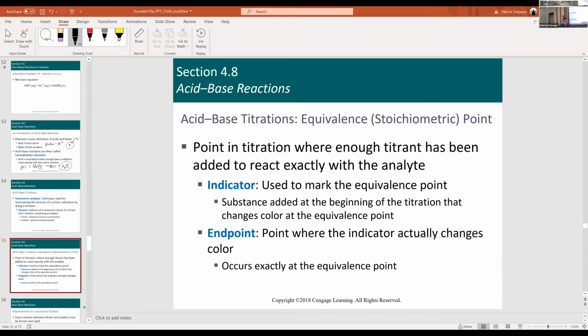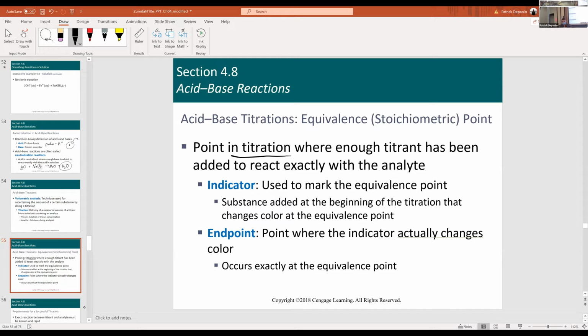So the way to do it is there'll be a point within the titration, meaning the point in which you're adding the known to the unknown, at which the molar amounts will be equal, enough to neutralize it.